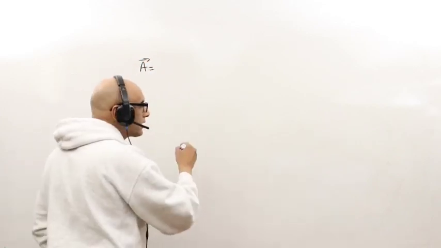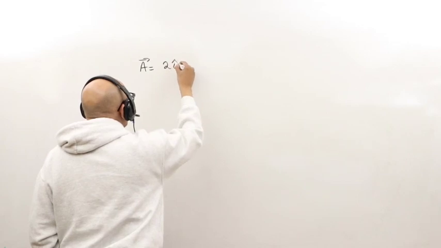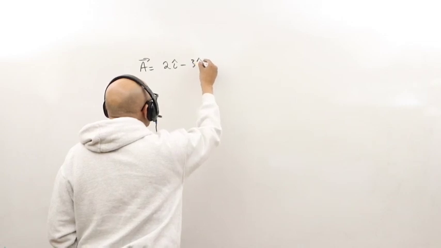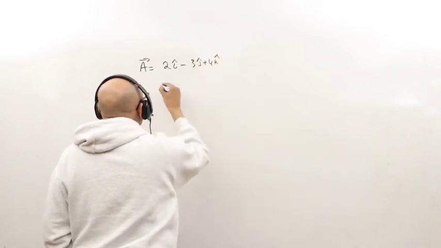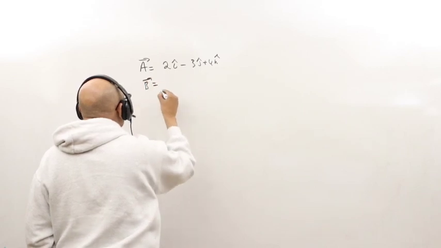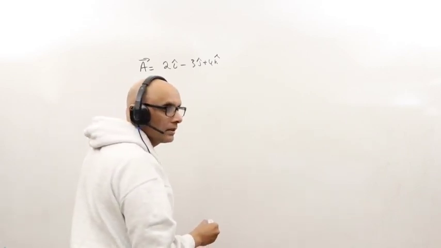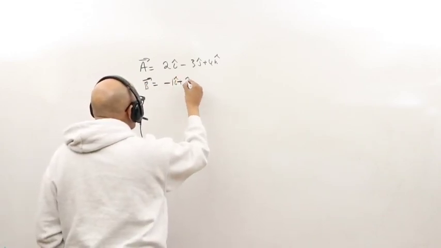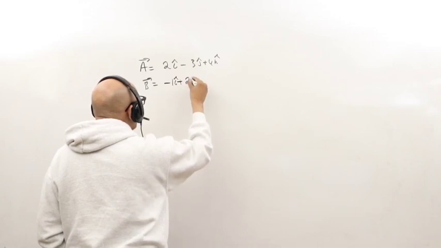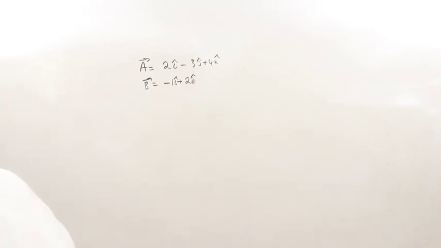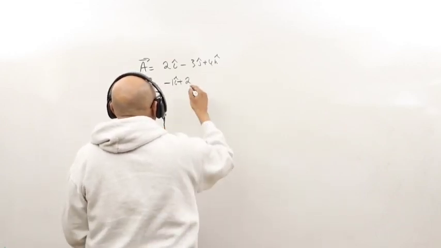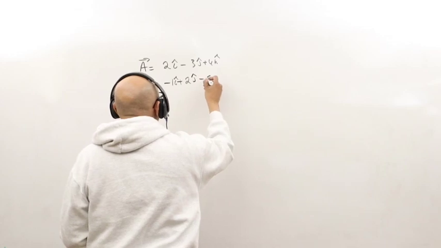this three-dimensional vector. So 2 i hat minus 3 j hat plus 4 k hat. And B is i hat minus 1 j hat minus 5 k hat.